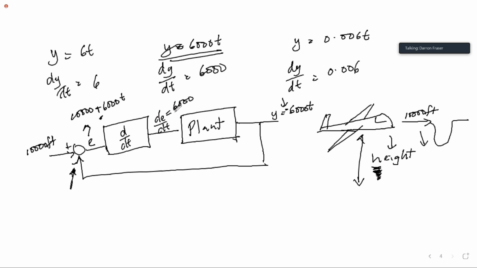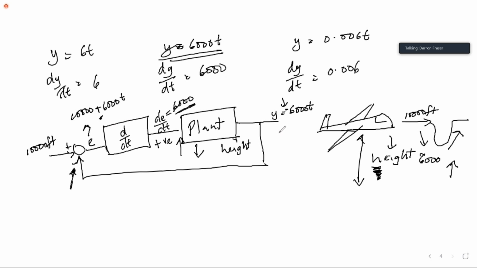So it's going down at a rate of 6,000t, and whatever the plant is, that is supposed to push it up. Because remember now, the output is height. So if you have a positive output from here, it's going to increase the height. And if you have a negative output from here, it's going to decrease height. So it's going to be a very large positive input to the plant. So it's going to try to push the thing back up to the 10,000.